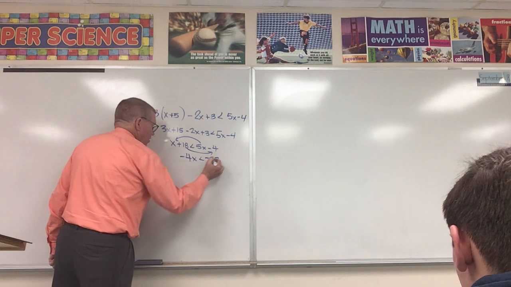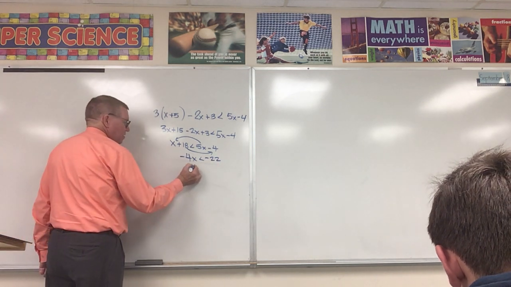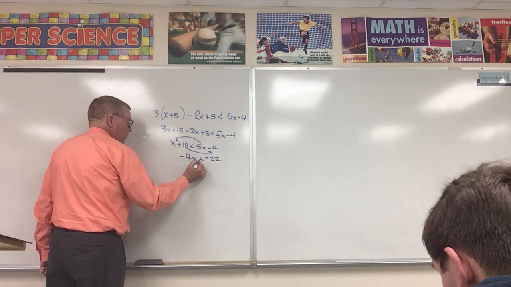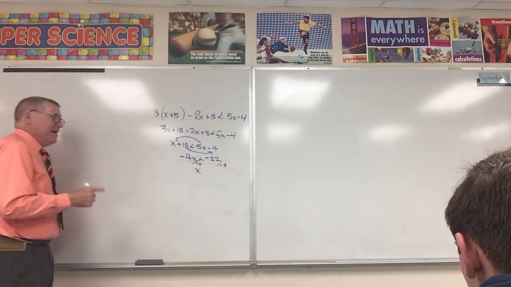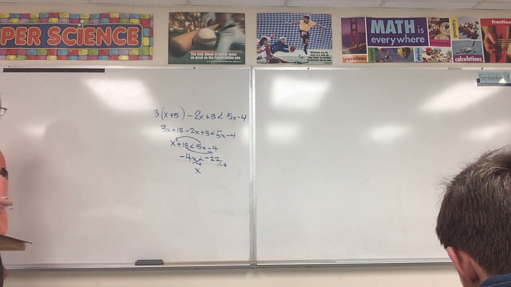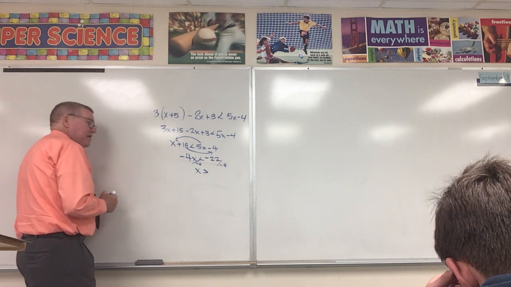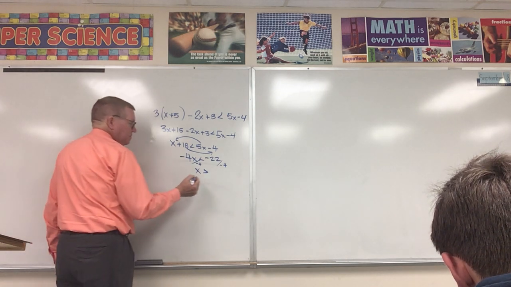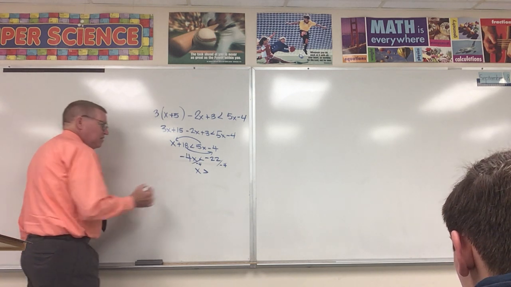And then we're going to do what? Divide by negative 4. When I divide by negative 4, what happens to the inequality sign? We switch it. And negative 22 divided by negative 4 is 22 fourths. Simplify: 11 halves.